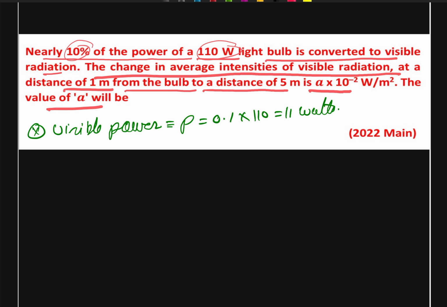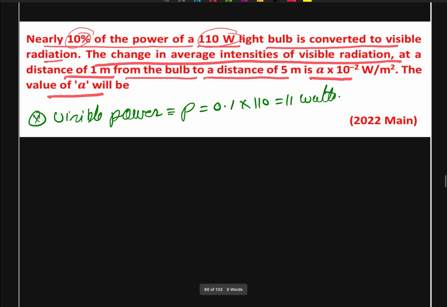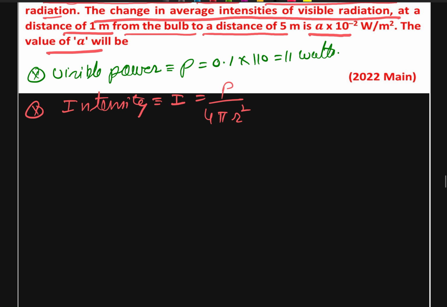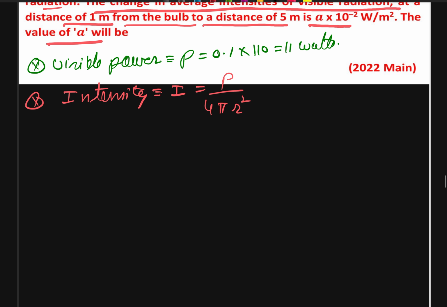11 watts. And we know that intensity I is equal to our power divided by 4 pi r square. Here r is the distance, and we are given two values of r.